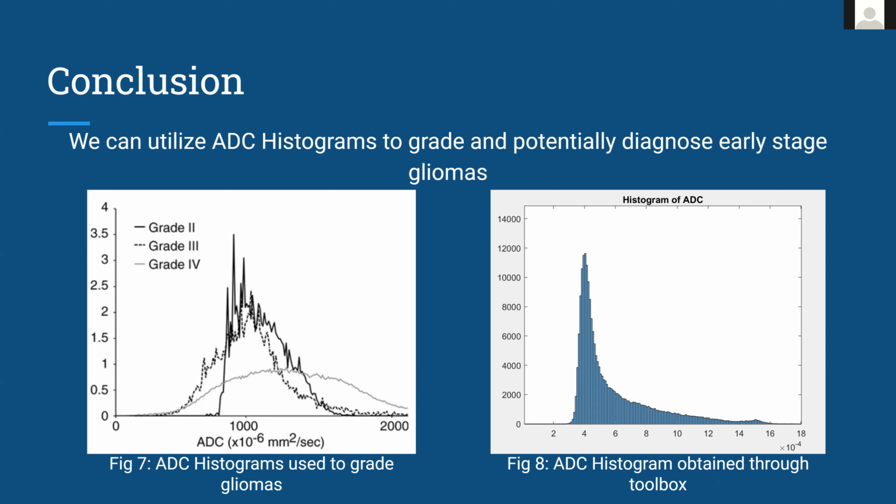On the left, you can see that, depending on the type of grade, the ADC histogram changes. And to the right, we can see the ADC histogram from our toolbox here. That was from just a sample data set. It didn't have a claim actually, because we didn't have adequate data for that.